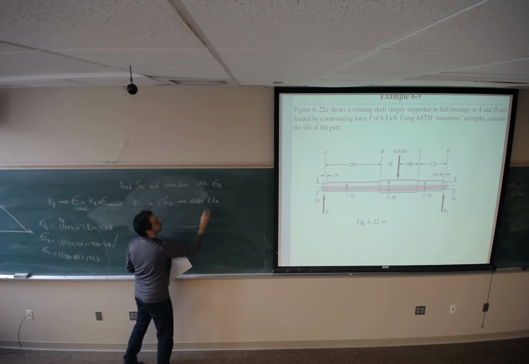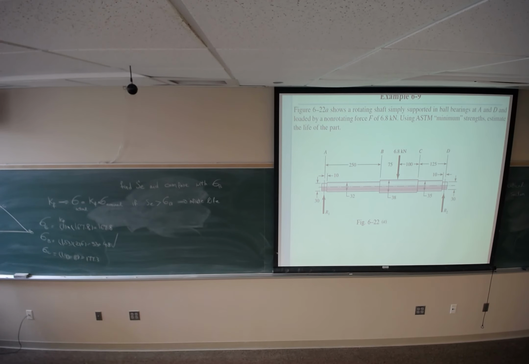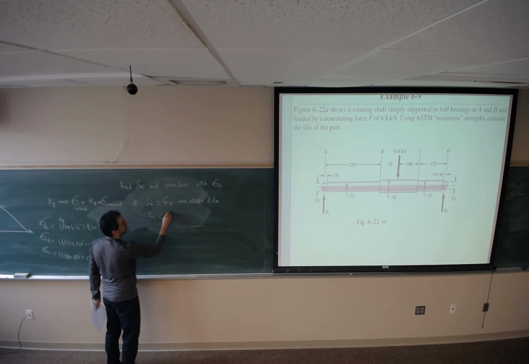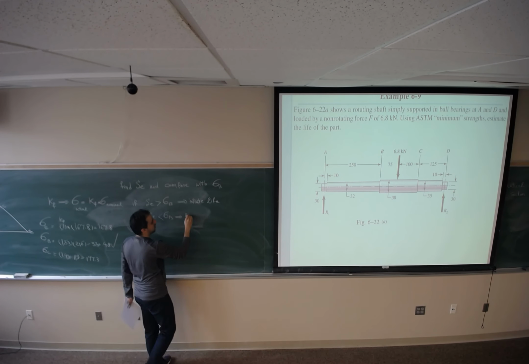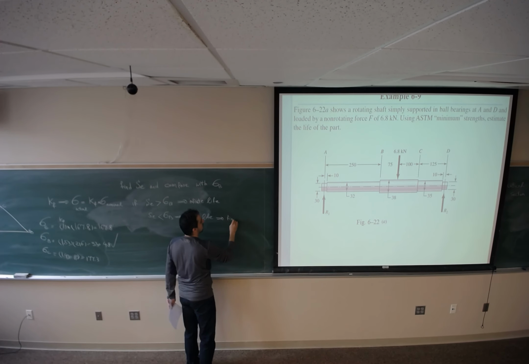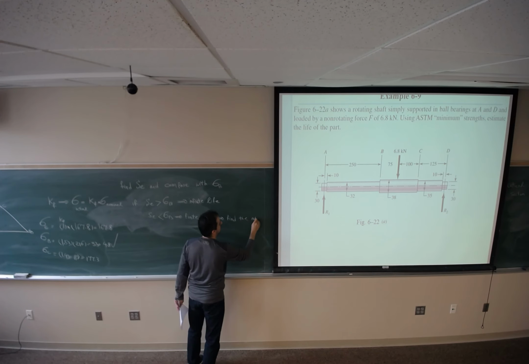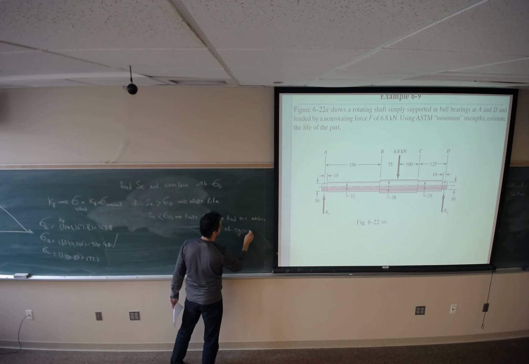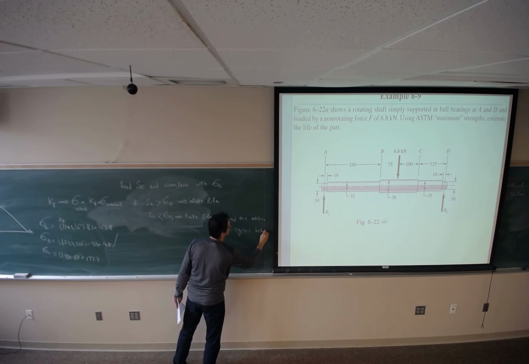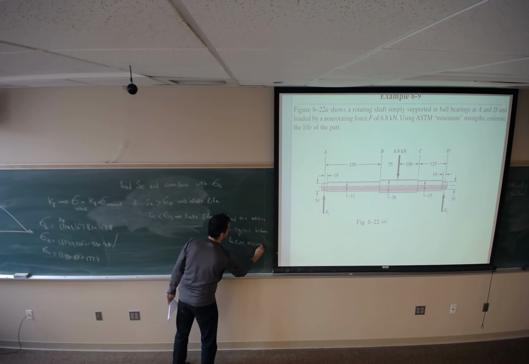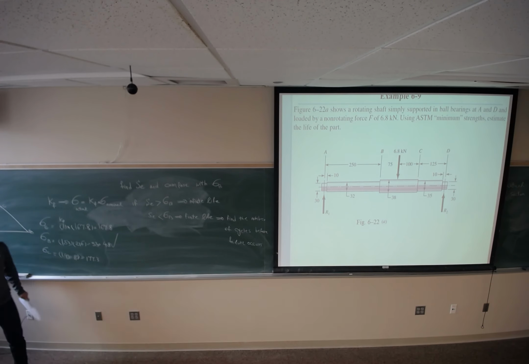So this mechanical component can run with no failure. But if SE is less than sigma B, then we have finite life. Then we should find the number of cycles before failure. This is how we can work on these types of problems.